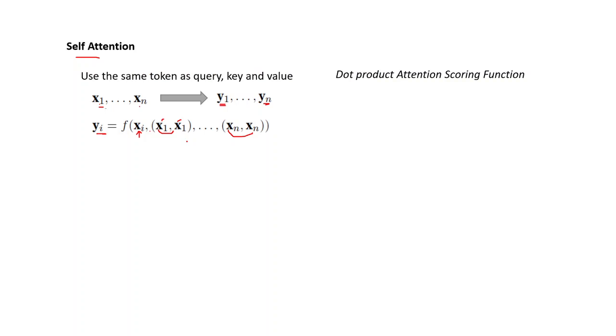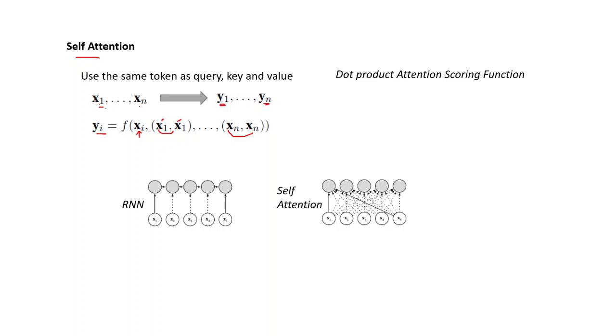Now, RNN processes the sequences sequentially. If you are given tokens x1, x2, x3, x4, and x5, it will first process x1, then x2, then x3, then x4, and finally x5.